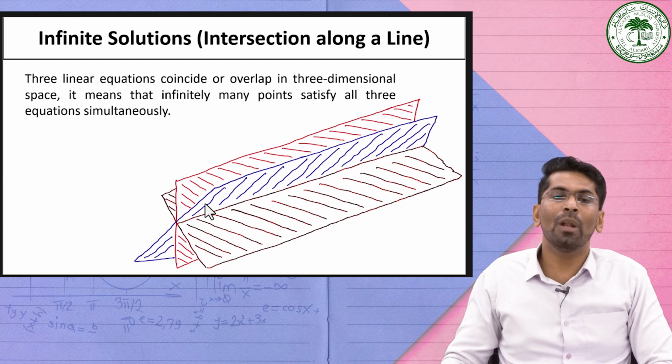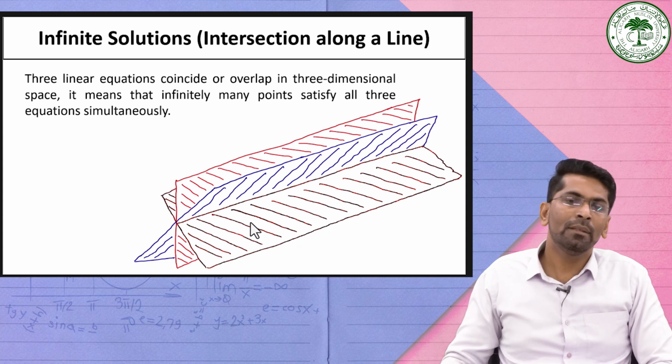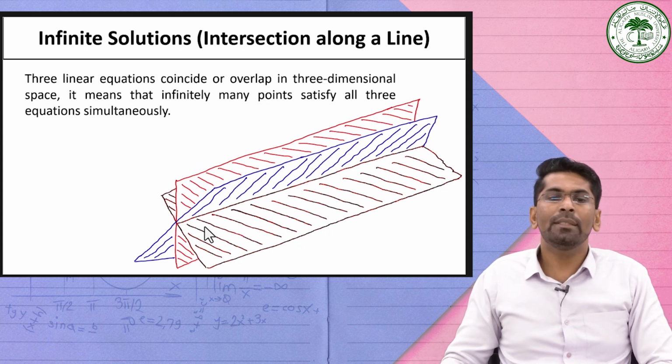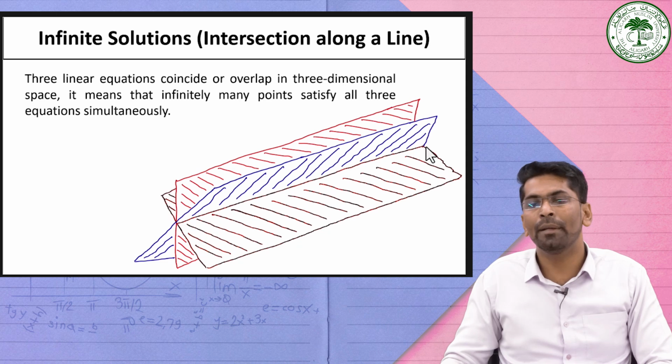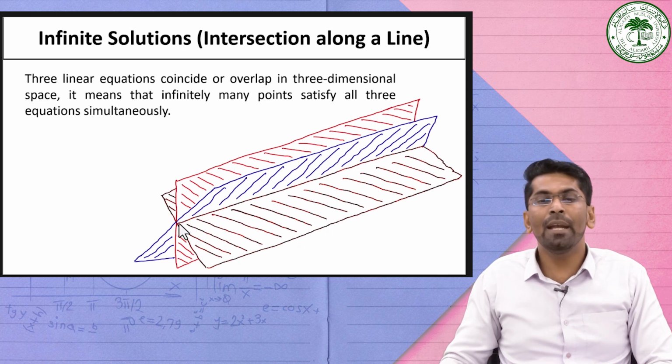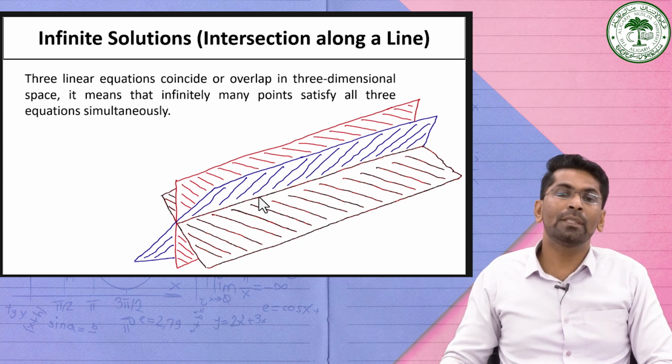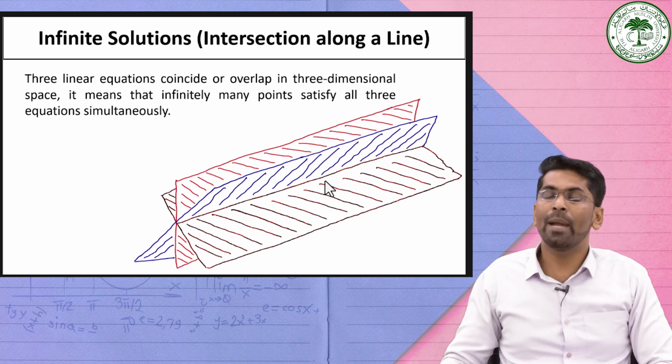It will look like this: the red one, the blue one, and this dark one. Here, the three are intersecting each other from this particular point to this particular point. We have infinitely many solutions between these ends. So this is the graph of the infinite solutions when the linear equations are overlapping in three-dimensional space.